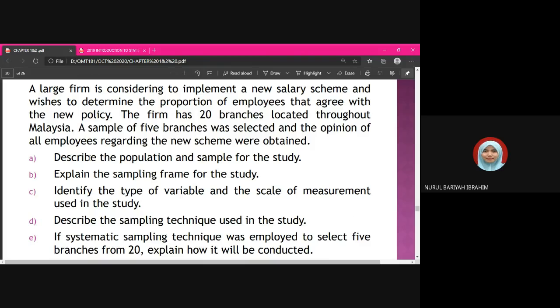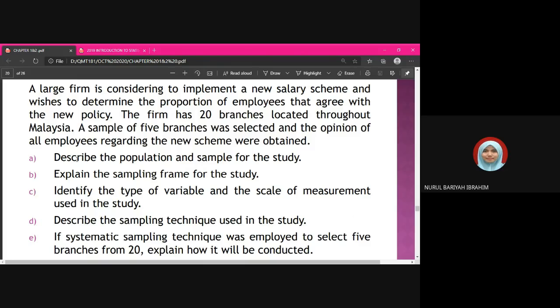Okay, we go one by one of the question. Ini sebagai revision untuk you all lah. Untuk soalan A, B dan juga C ni. Describe the population and sample for the study. What is the population here? Populationnya adalah the employees, right? All the employees in 20 branches throughout the Malaysia.